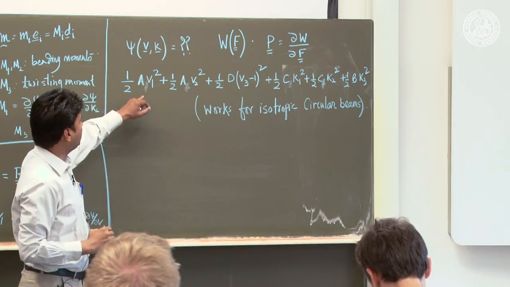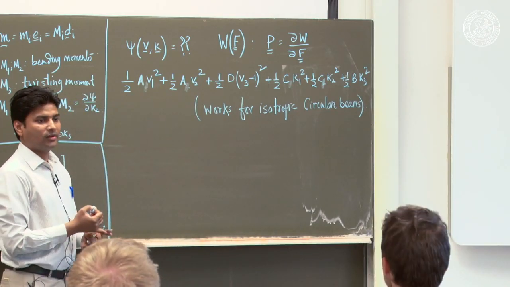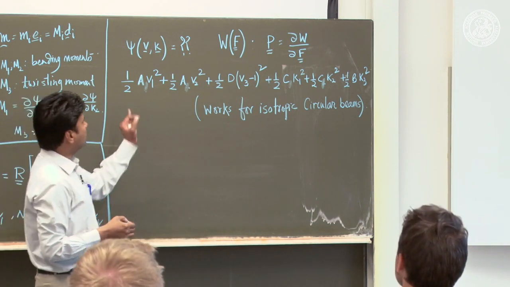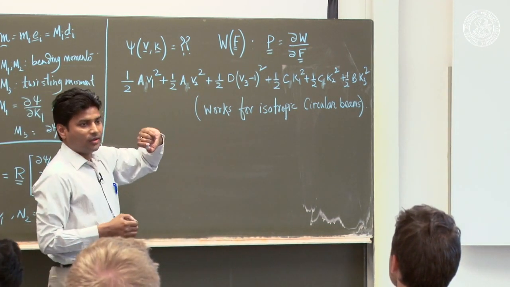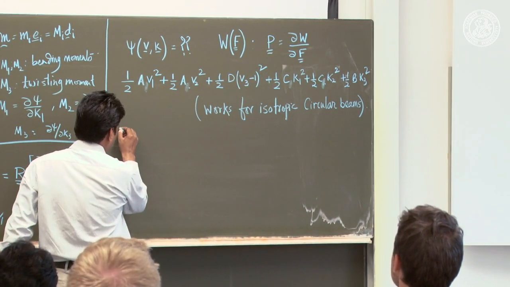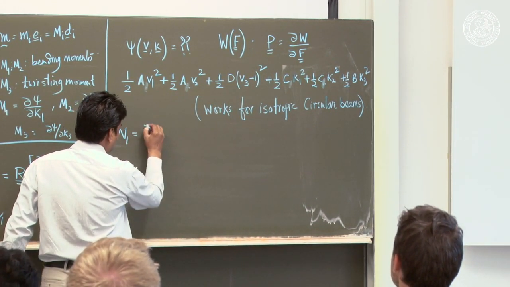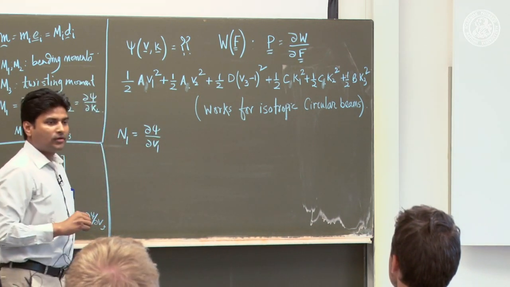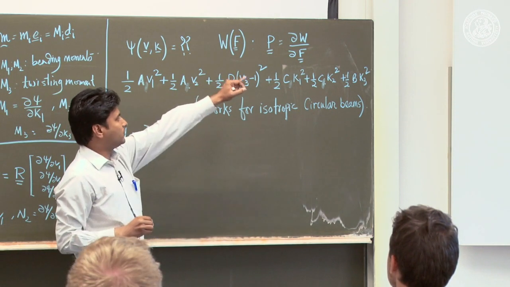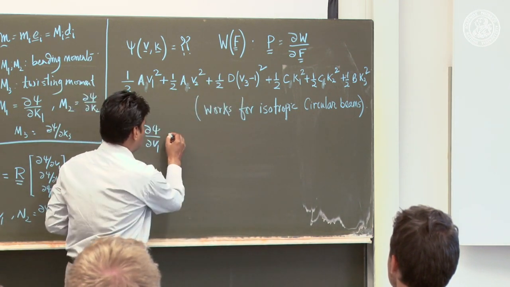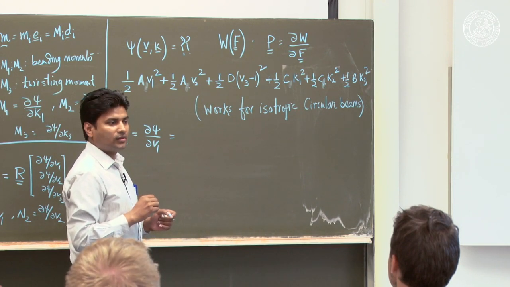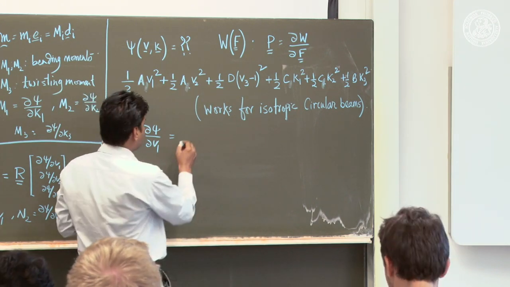Can you guess what A will be equal to? Just suppose this is your psi, what would be N1? N1 is del psi over del V1. Take its derivative with respect to V1, what do you get? A times V1.